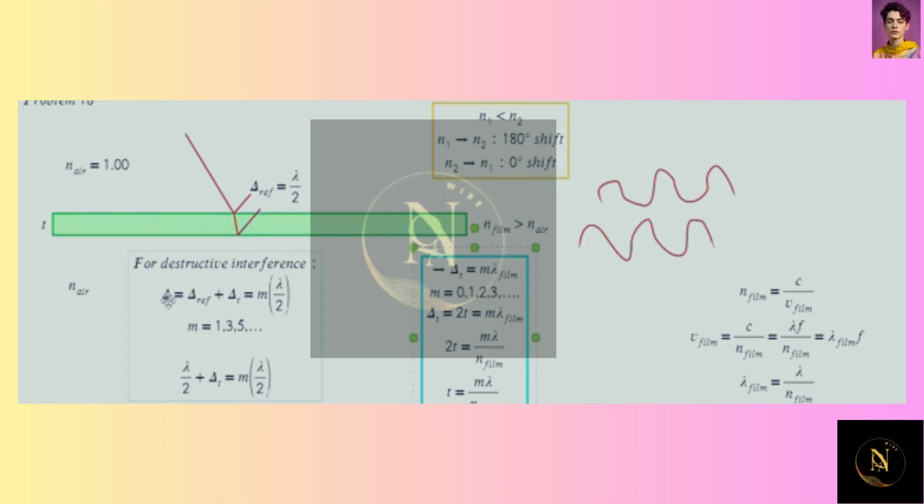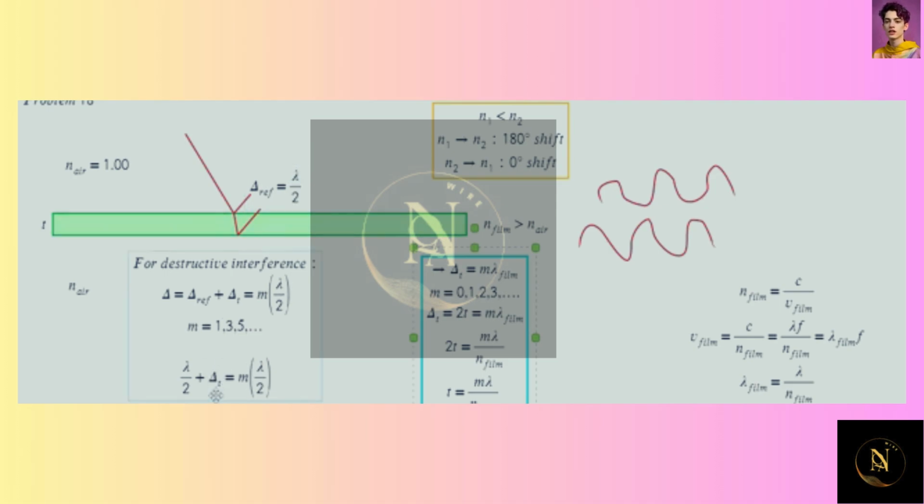The net phase shift can be represented by the phase shift occurring at this reflected part and by the path length difference associated with the light going through the film, delta t. For destructive interference to occur, that combination must come out to be an odd integer multiple of half wavelength. So we represent that by an m here, an odd integer multiple. However, delta reflection is already an odd integer multiple of half wavelengths.